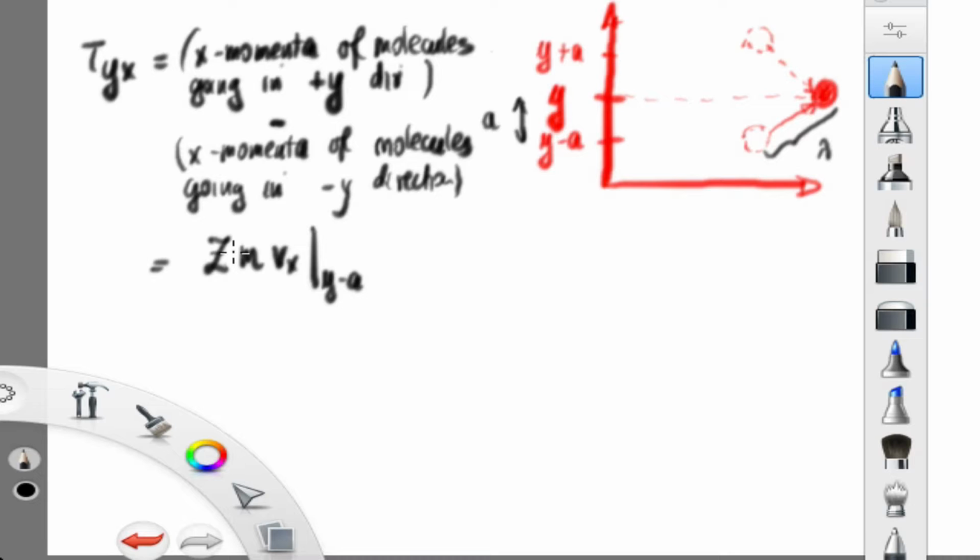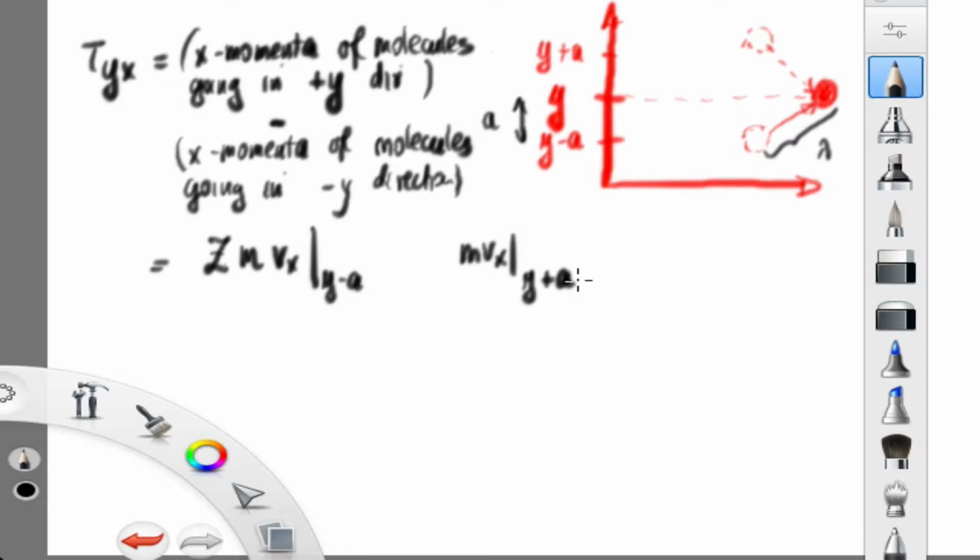Now, if I'm a molecule that is going down, my last collision was somewhere up here. So I'm carrying that momentum. If I'm going down, I'm carrying a momentum from here. And that momentum is m Vx evaluated at y plus a.